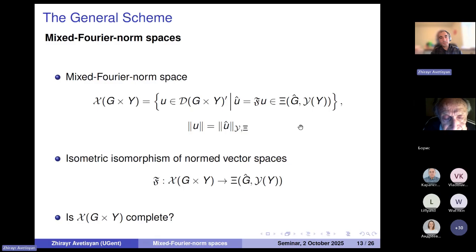And we take the same norm as that of the Fourier transform. So essentially, this makes the half Fourier transform an isometric isomorphism of normed vector spaces from the mixed Fourier norm space to the mixed norm space. So again, because we don't know if the mixed norm space is complete, then equivalently, we don't know whether this mixed Fourier norm space is complete. The same question here, so it's equivalent.